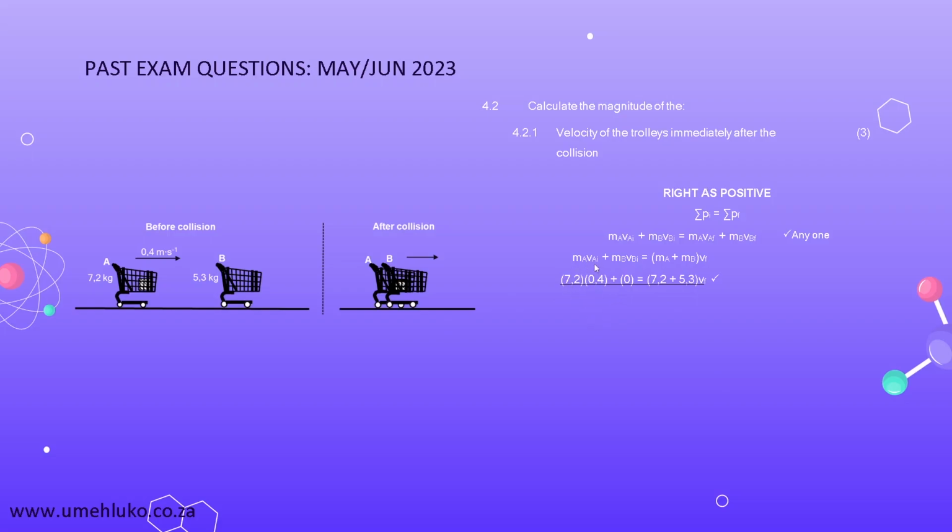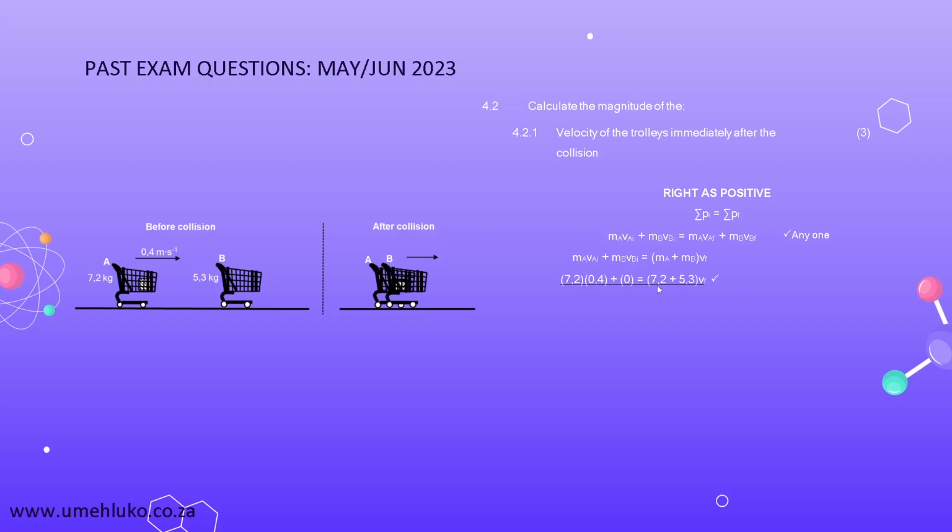You multiply 7.2 kg of trolley A times its velocity. In other words, you work out the momentum for trolley A plus the momentum of trolley B. Since trolley B was stationary, its momentum started off at 0. This should be equal to the momentum of trolley A after collision plus the momentum of trolley B after collision.